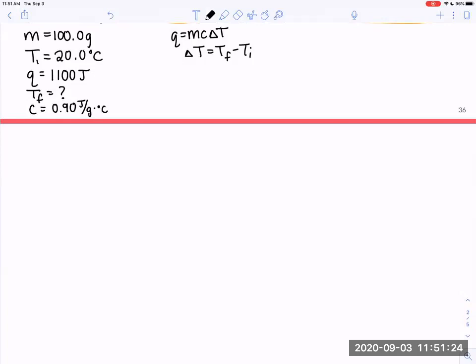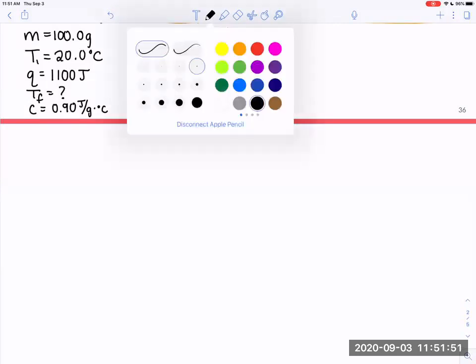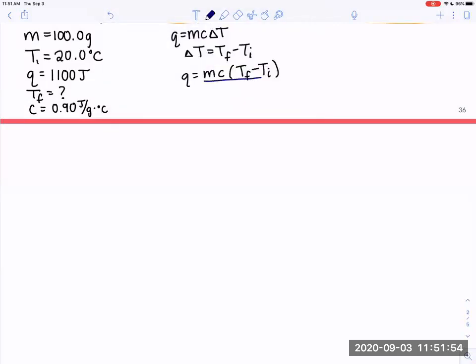So let's rearrange so that it says TF equals. That's always what we want to do first. And this is really going to sharpen the algebra skills you need to continue on in chemistry. So if I rewrite this, Q equals MC, oops, not delta T, but TF minus TI. I need to isolate the TF minus TI term, which means that I have to divide both sides by MC.